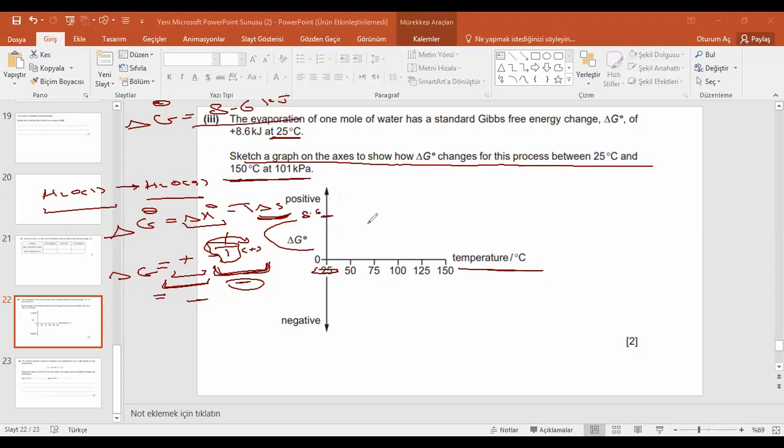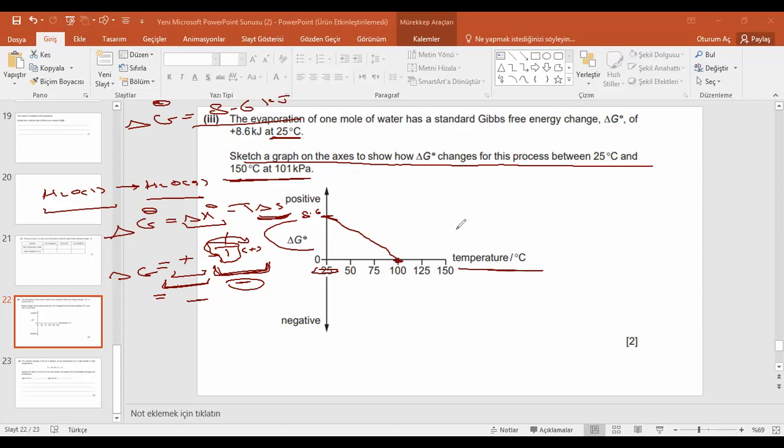As you increase the temperature, you will see that delta G gets less positive and more negative. It will be more spontaneous. We keep moving until we reach 100. So guys, in the exam, you must use a ruler, by the way. At 100, your line must reach 100 here.